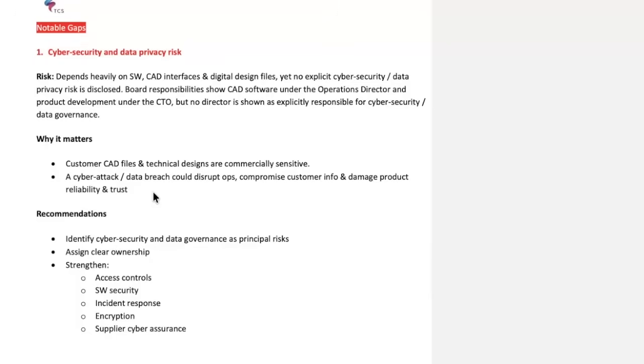The recommendations with the intention of ensuring that we deal with this risk in a foolproof manner is to identify cybersecurity and data governance as a principal risk within our risk register. And with the intention of managing this risk appropriately, we have to assign clear ownership. Also we have to take steps to strengthen access controls concerning who has access to confidential information.